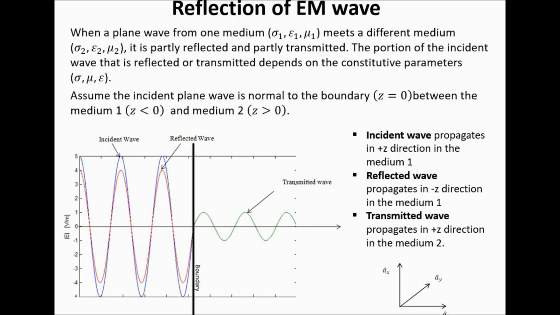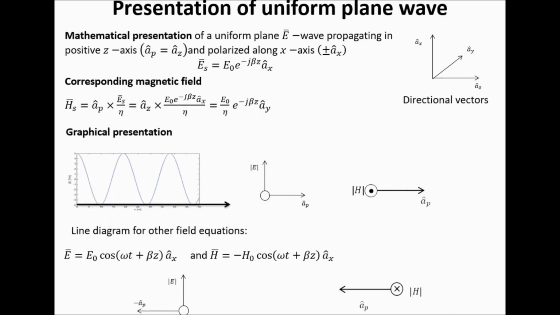So in total we have six waves. As we need to work with six different waves simultaneously, using six different equations or six different graphs is very difficult to handle. That's why we will use a very simple strategy for representing the waves.